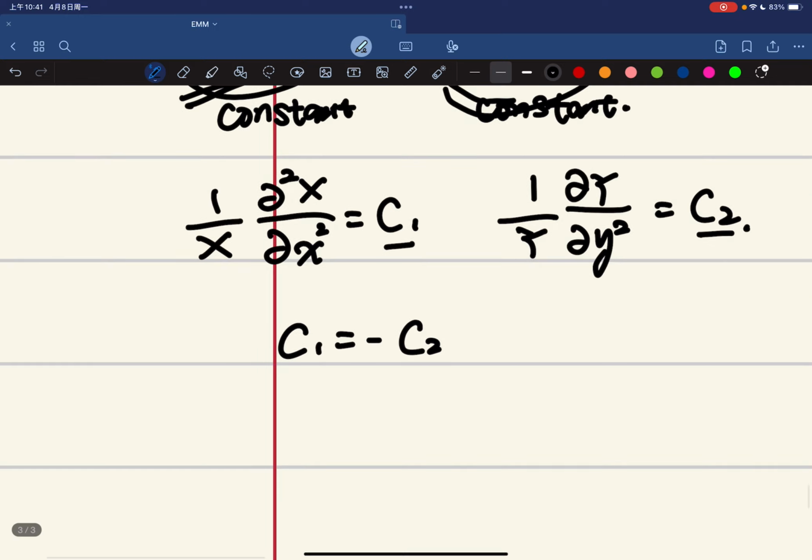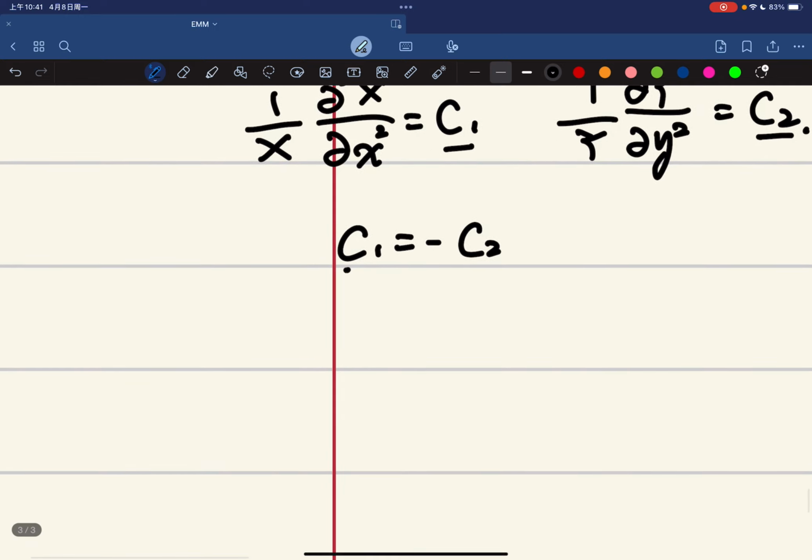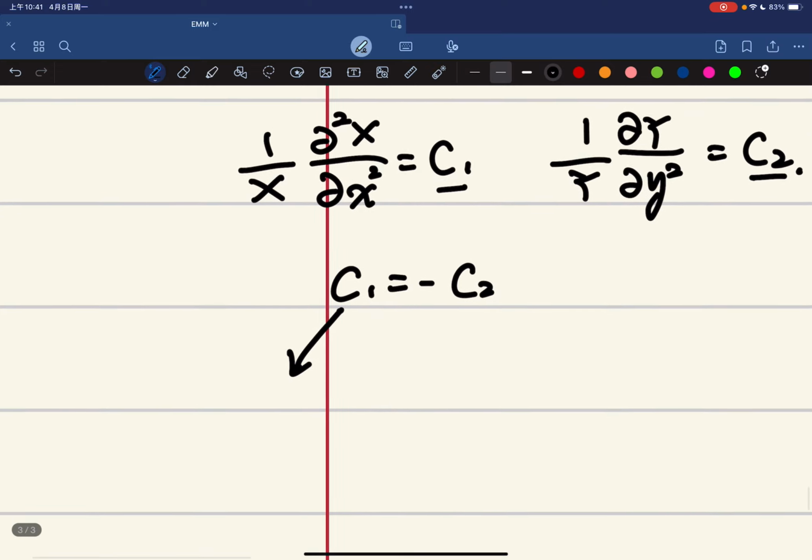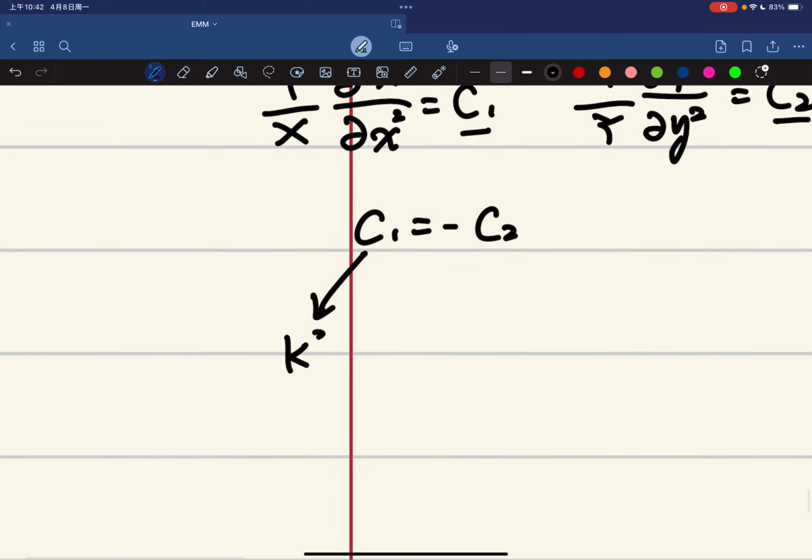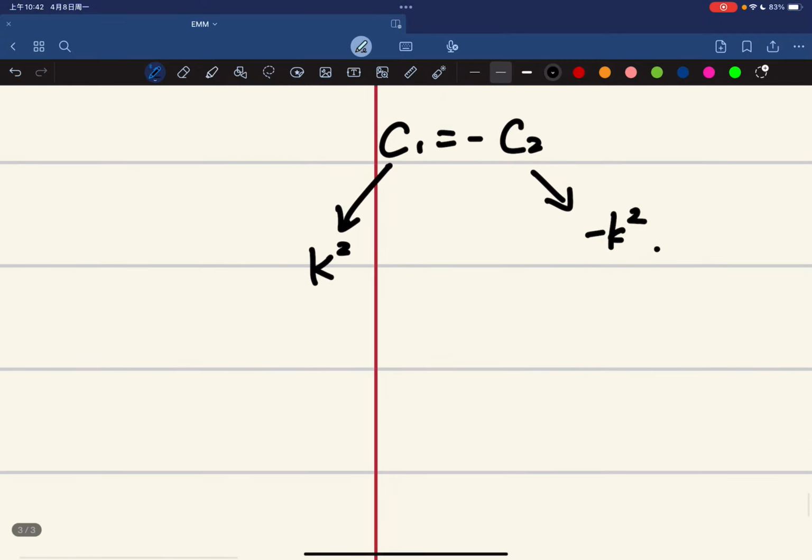Okay, so now let's just make some assumption. I assume C1 is k squared, and C2 is negative k squared. You might be wondering why. Why do I choose C1 positive? Why do I choose C2 negative?